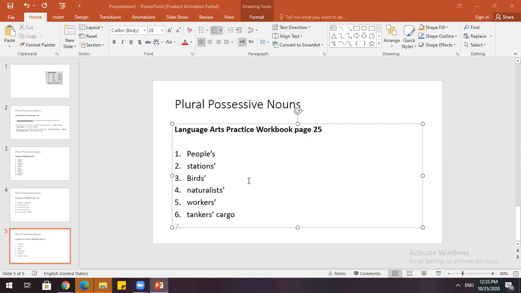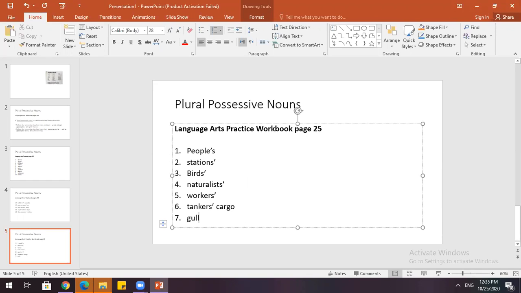Asir. The feet of gulls. The gulls' feet. For gulls we put an apostrophe after the S. Okay, very good. So gulls, apostrophe, feet. Thank you.